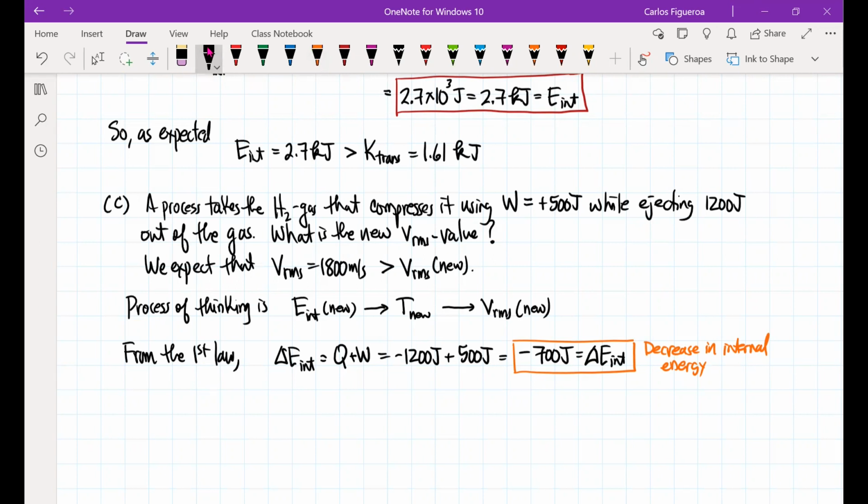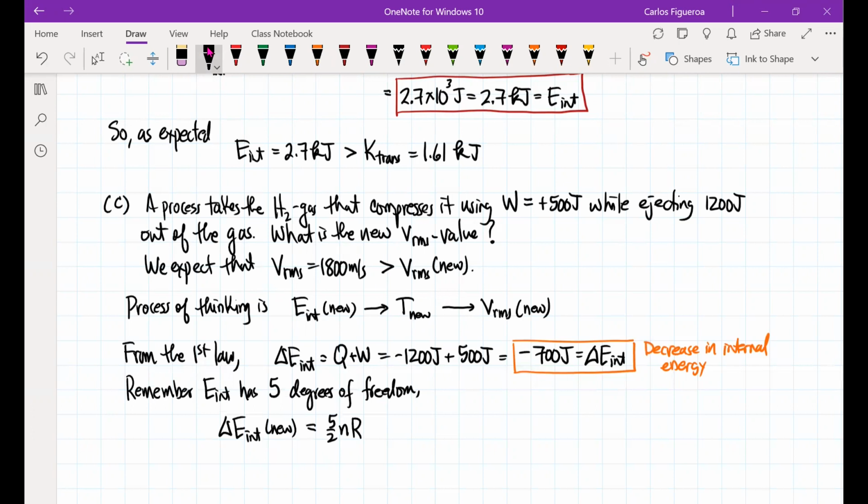So here we go again. Remember, the internal energy has 5 degrees of freedom. So that means the change in internal energy is going to be equal to 5/2 nR times the change in the temperature.